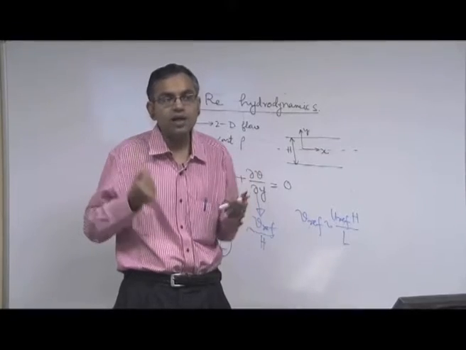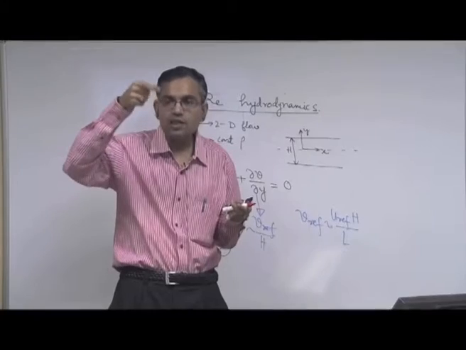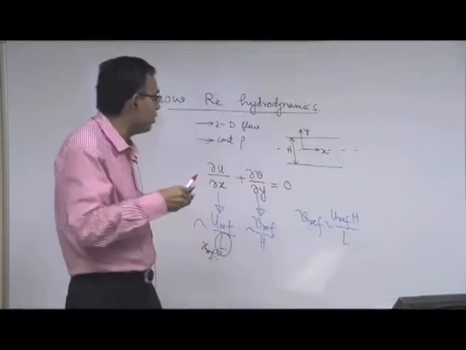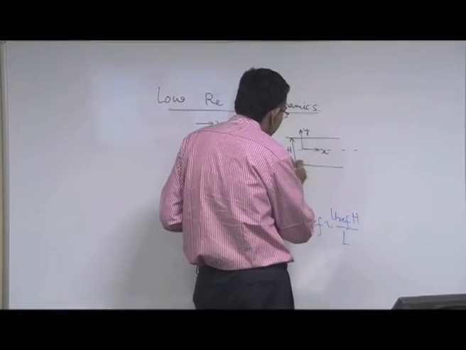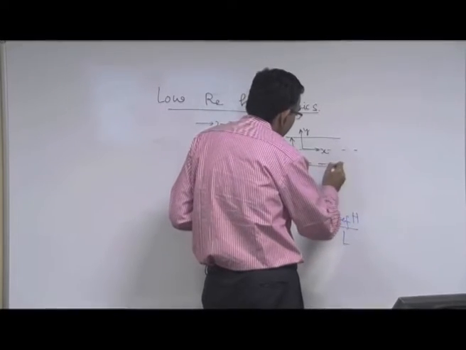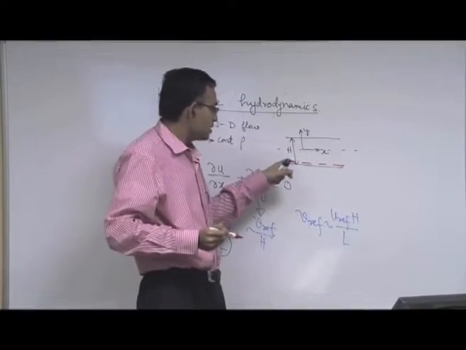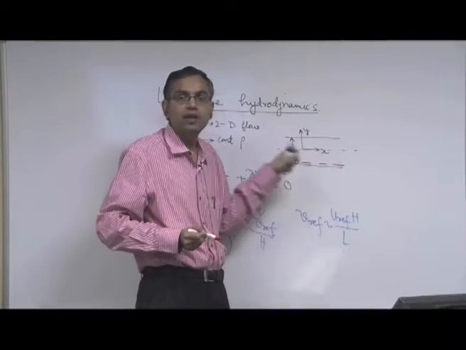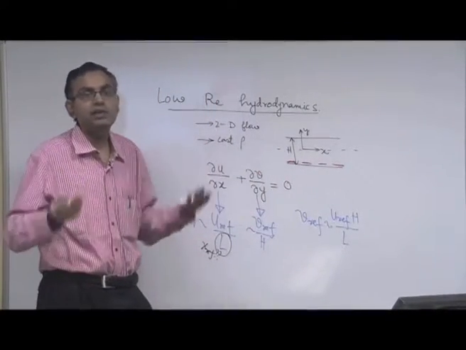Mixing requires vortices in the flow. So you can create vortices in the flow by creating patterns on a microfluidic substrate, for example patterns of variable wettability. That means some of these patches may be hydrophobic, some may be hydrophilic. You can do chemical treatment or physical treatment to do this.